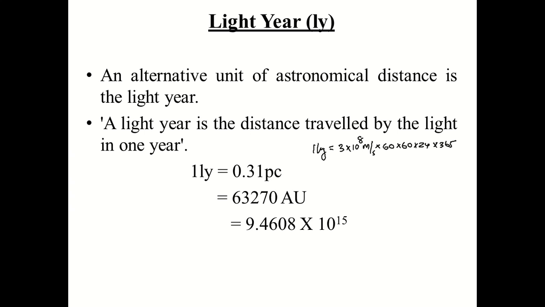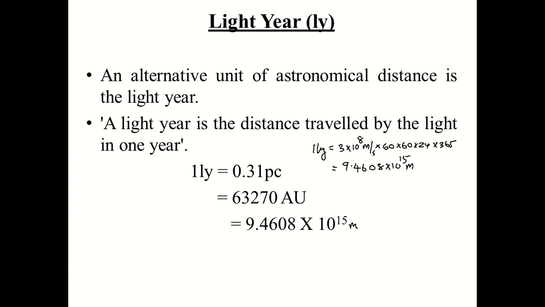If you do this calculation, you will get the value as 9.4608 into 10 raised to 15 meters. Here you will have meters. So 1 light year is equal to 9.4608 into 10 raised to 15 meters.